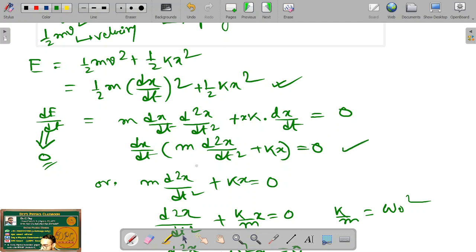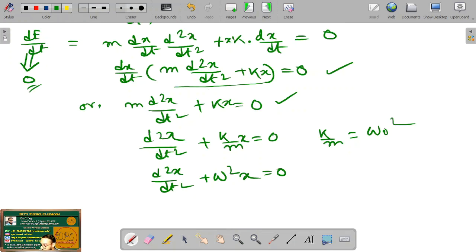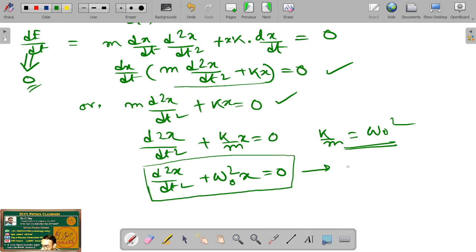From here we get m d2x/dt2 plus kx equals 0, or d2x/dt2 plus k/m x equals 0. We take k/m equals omega 0 square, which is a frequency. So we get d2x/dt2 plus omega 0 square x equals to 0. We put it as equation number 1.